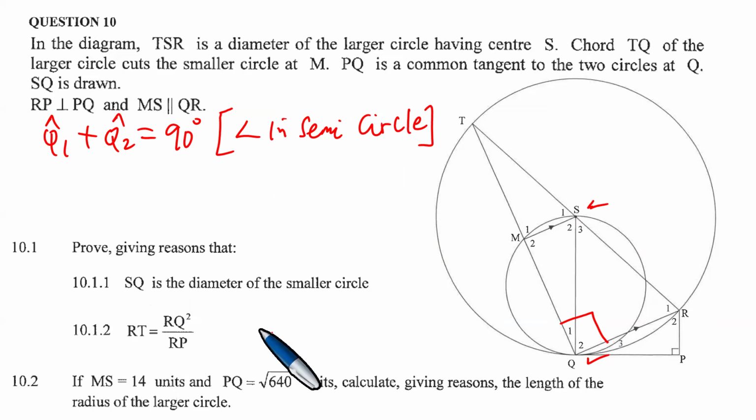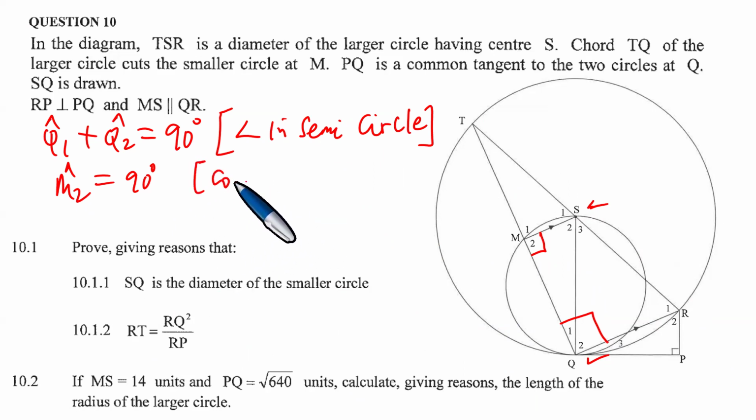The angle M2 is 90 degrees. We state that one. Why is this the case? The angle M2 is 90 degrees, and this means that you have co-interior angles, because this one is already parallel to this.